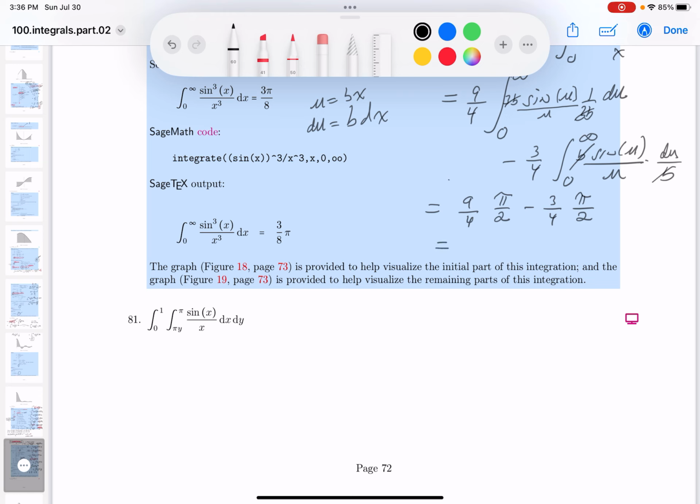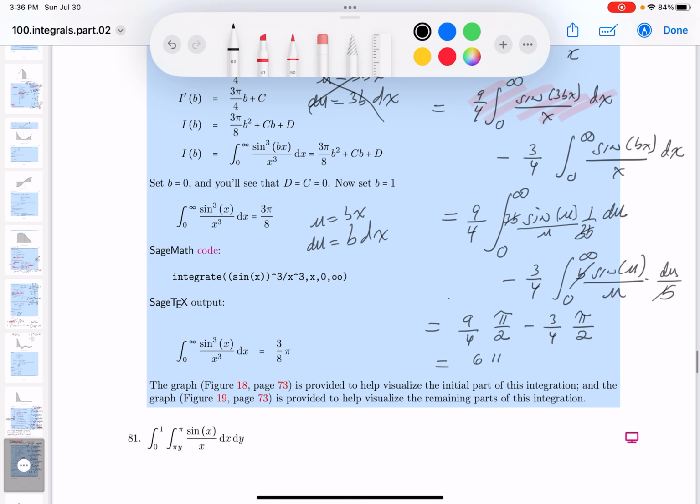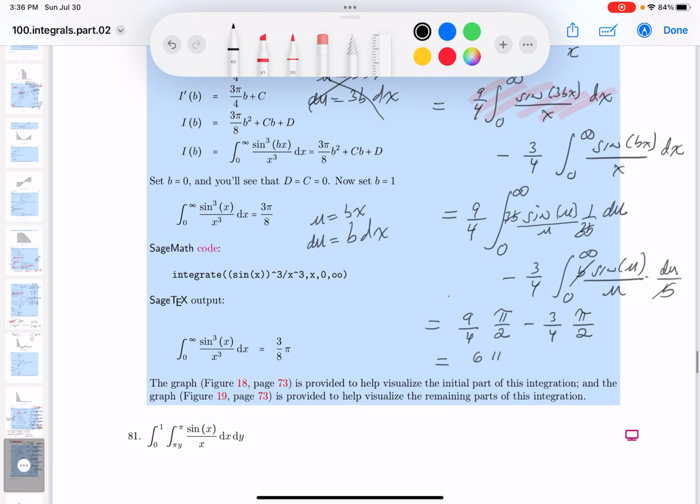What are you going to get there? Let's see. You're going to get 9 minus 3, which is 6 pi. Let me see if I did that right. If I did it right, 9/4, 9 minus 3 is 6.